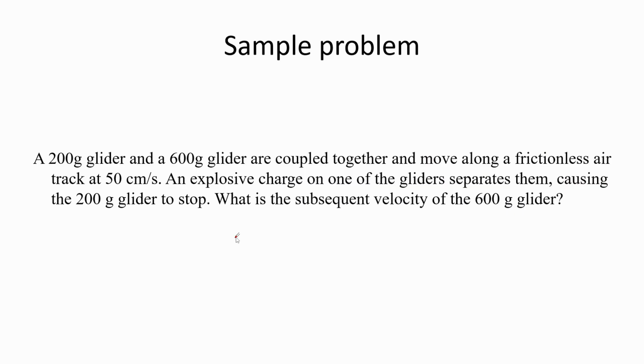Next one: you have a 200-gram glider and a 600-gram glider coupled together and moving along a frictionless air track at 50 centimeters per second. An explosion charge on one of the gliders separates them, causing the 200-gram glider to stop.